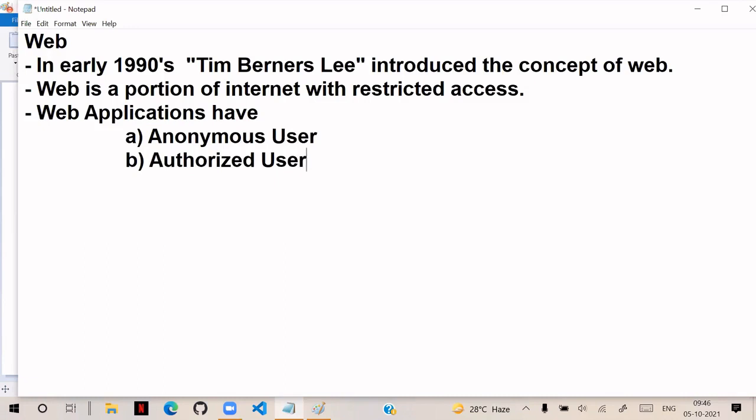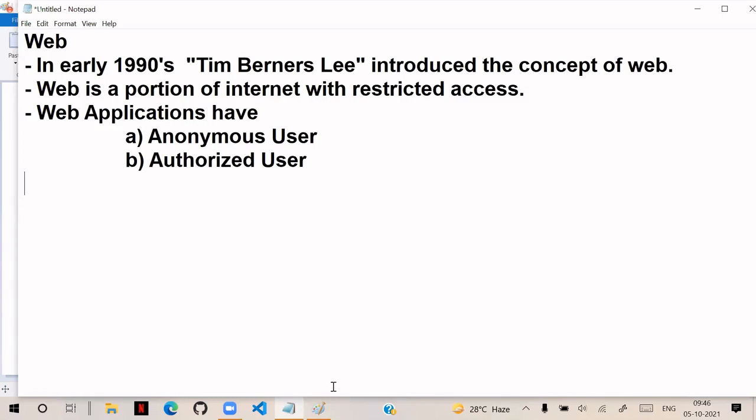Generally, web applications have two types of users, anonymous users and authorized. Anonymous user means guest user. Guest user means he can open the website, he can watch certain details. After that, if he has to move forward and access more information, then he needs to register, login.